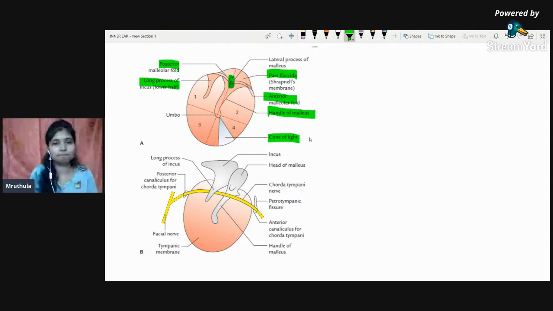One more thing I want to mention here. Whenever we examine the ear, especially the external acoustic meatus and the tympanic membrane, we would have noticed the doctors pull the pinna in a particular manner. What is it? Upwards, backwards, and laterally. Why do they do this?